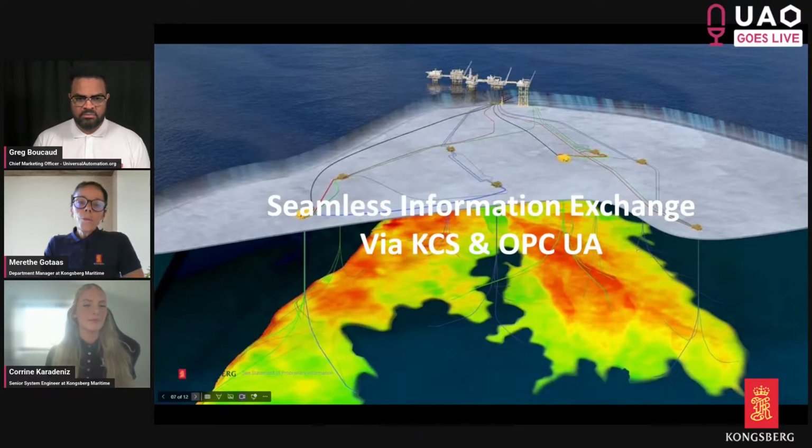Johan Sverdrup consists of, in total, 150,000 IOs. To assist the operators and add value to the data we already have in the system, we have used IEC 61499 and UAO. And to us, it's very important that everything runs smoothly and that we build trust with the operators offshore.